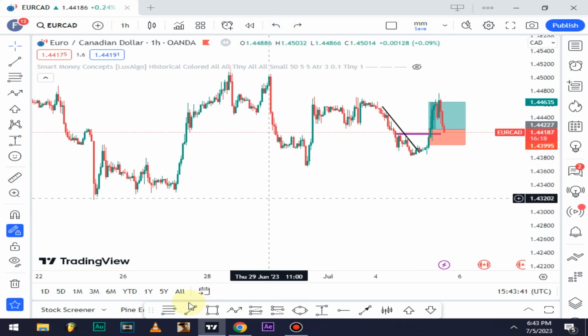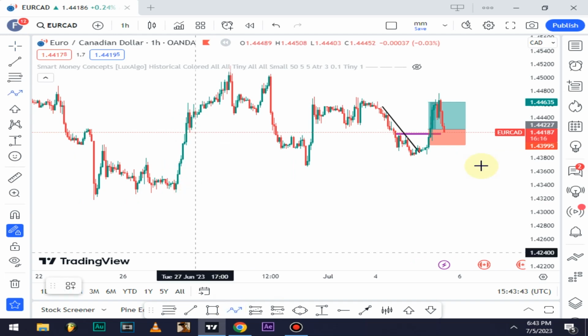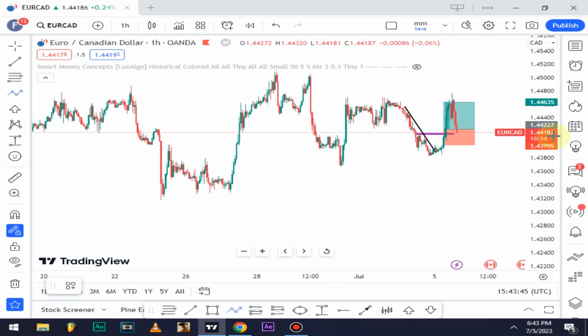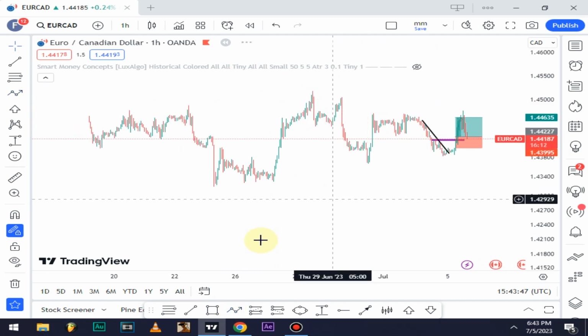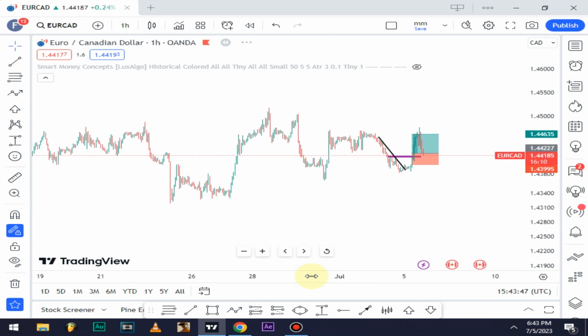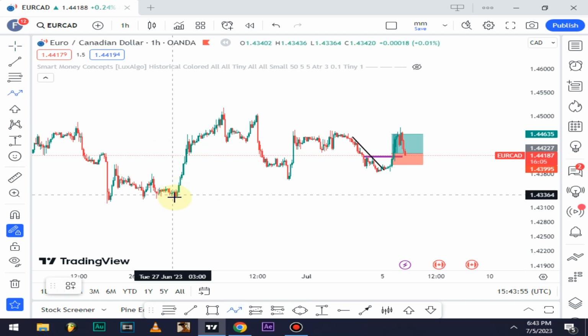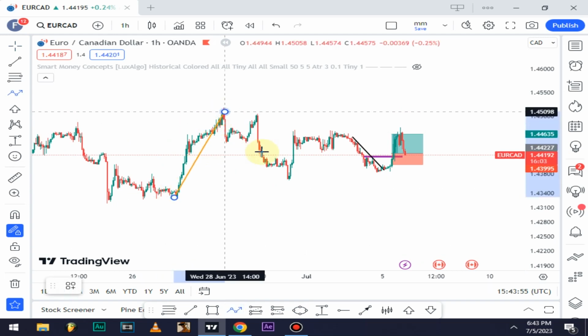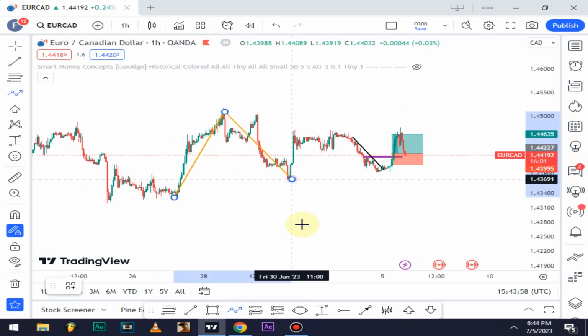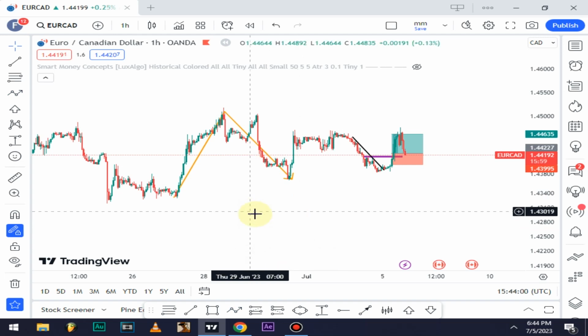So now when you look at this, for example, this is euro card. Look at this, we have that V, guys. I hope you guys are seeing that.